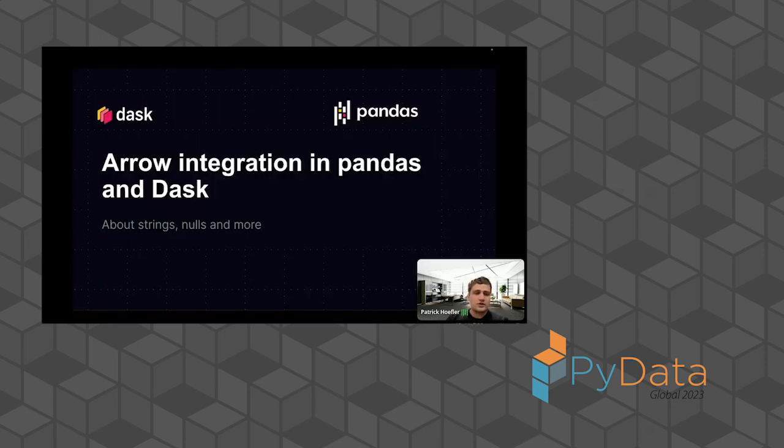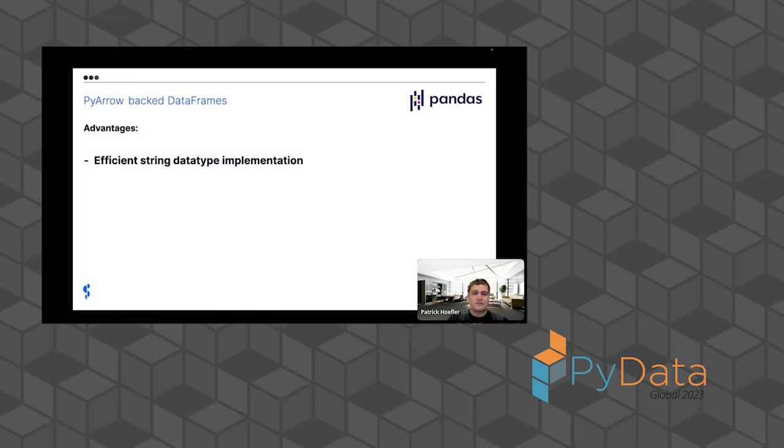So we will mostly talk about strings and missing values in the first chapter. The earliest feature that came to pandas that was backed by Apache Arrow is an efficient string data type implementation. I guess most of you who have data frames that are a little bit bigger than tiny have noticed that the pandas default string data type isn't very efficient.